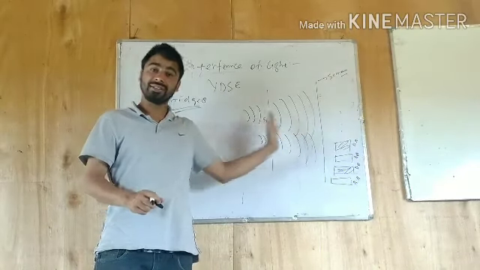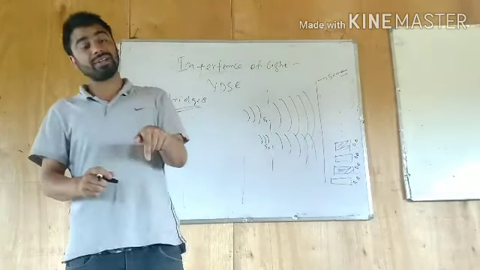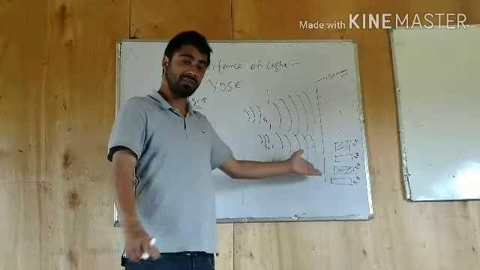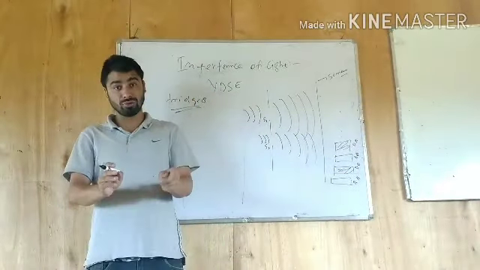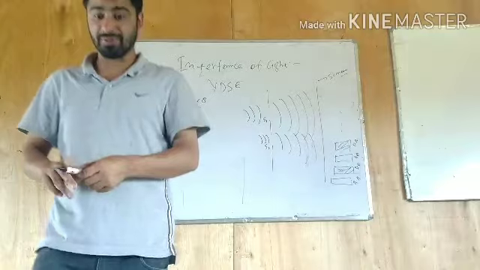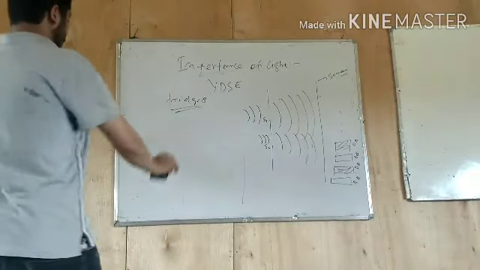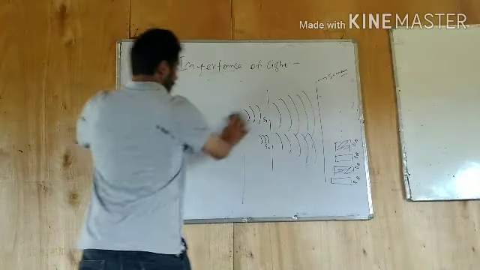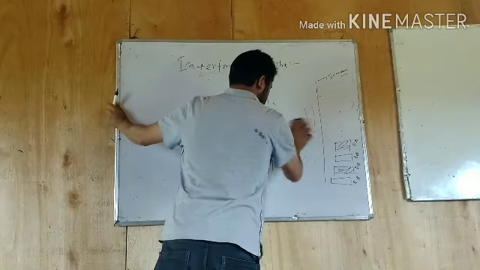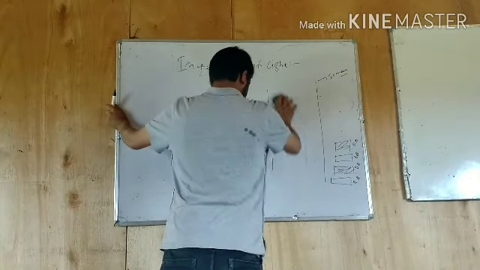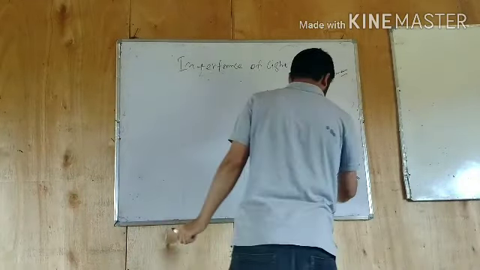We should figure out the conditions for constructive or destructive interference. For that, we have to look at the geometry of this experiment. If we try to demonstrate the geometry of Young's double slit experiment, again we will use the two slits and screen.